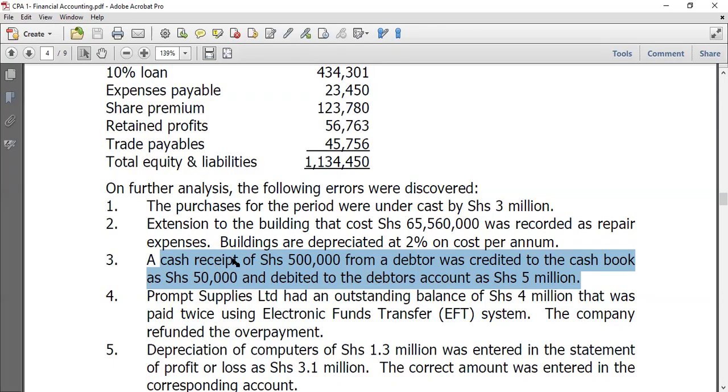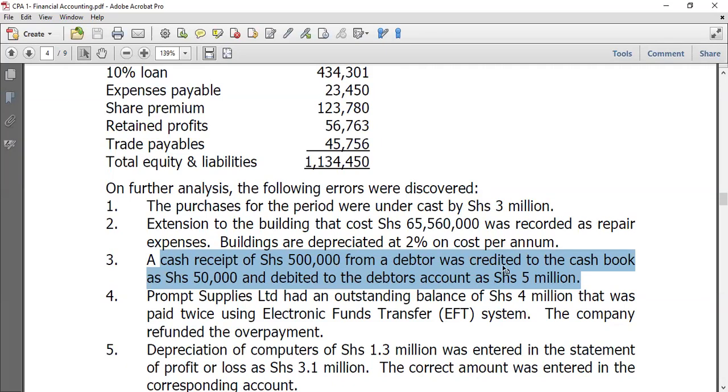Now let's see just something very small here. One of the steps you have to first do is understand the error that was actually made before you can even think about the double entry to correct it. So a cash receipt, how was it supposed to be recorded? A cash receipt is supposed to be debited to the cash book, okay? It's supposed to be debited to the cash book by how much? By 500,000.